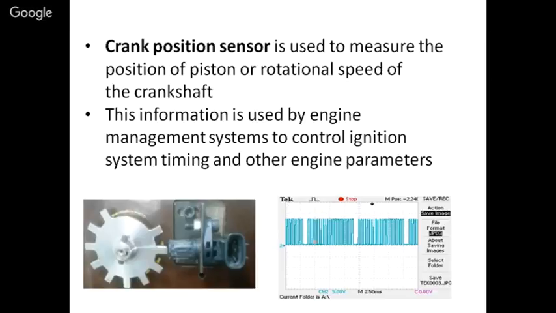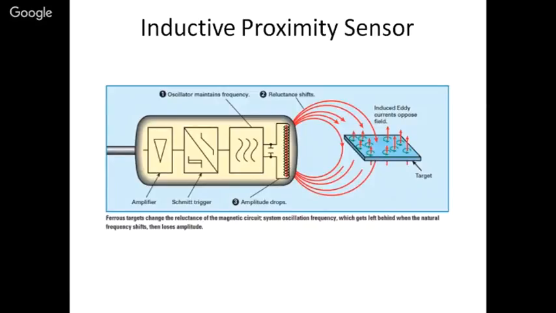Now, let us see what this inductive and Hall effect is. An inductive type proximity sensor relies on magnetic effects. What you see here is an inductive proximity sensor with different components shown using a block diagram. In this sensor, there is an oscillator whose job is to create some frequency, that is some AC signal.